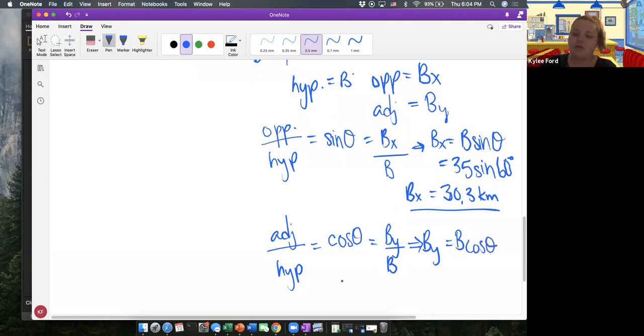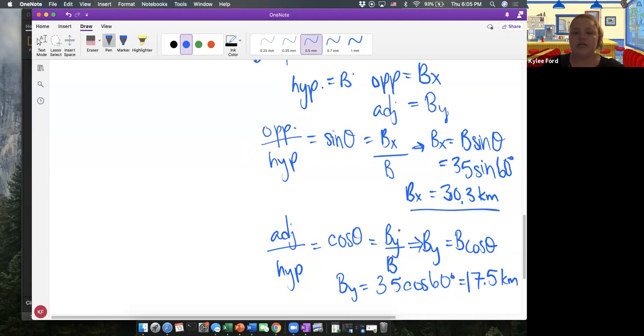Now we have BY equals 35 cosine of 60. Plug that into your calculator and get 17.5 kilometers.